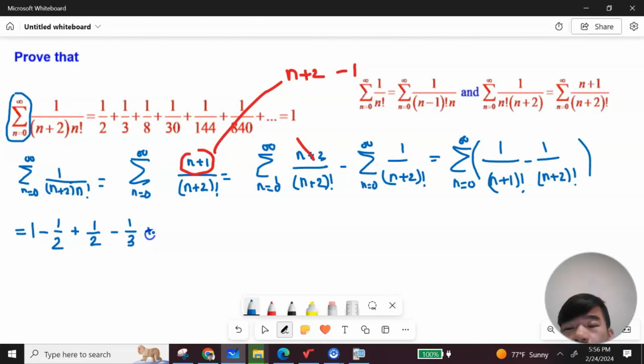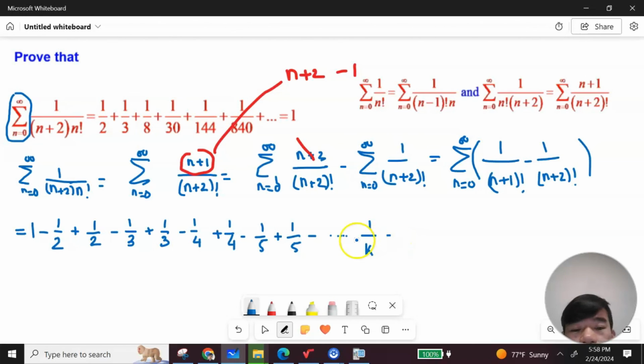Let's keep going: plus 1 over 3 minus 1 over 4, and then plus 1 over 4 minus 1 over 5, something like that, until you see 1 over k, and then minus 1 over k, and the last one should be 1 over k right here.